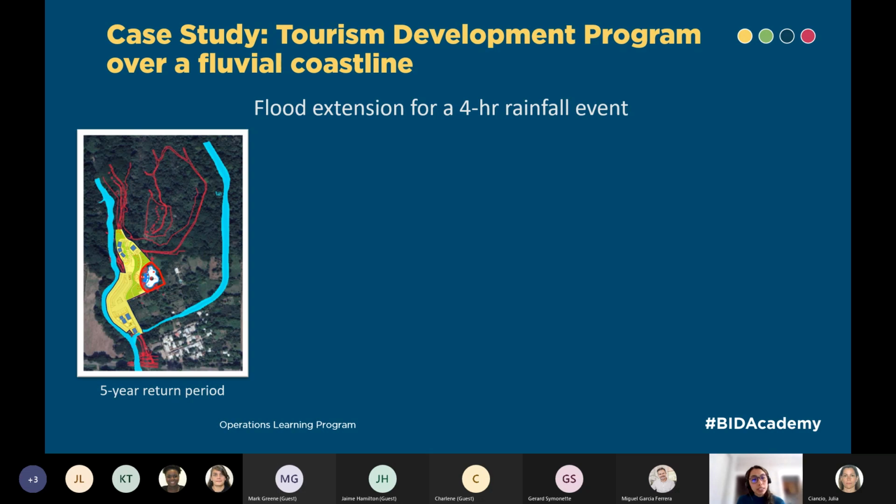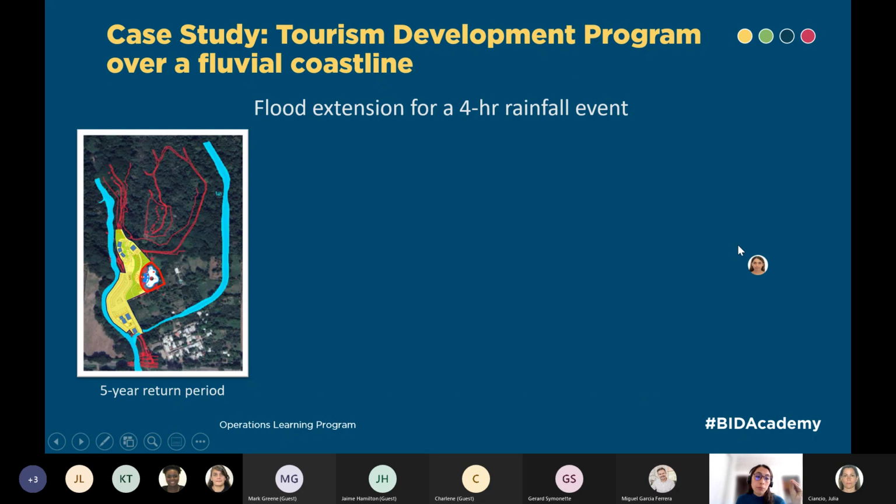So a part of the design was to perform a hydrology and hydraulic analysis to see to what extent a flood may impact the project. And these are the results of this study that I'm going to show you.